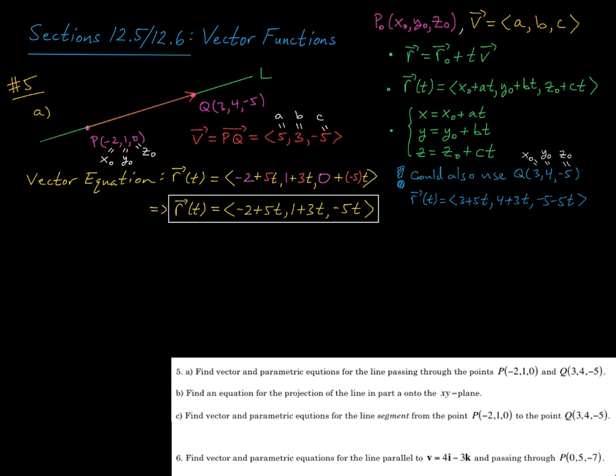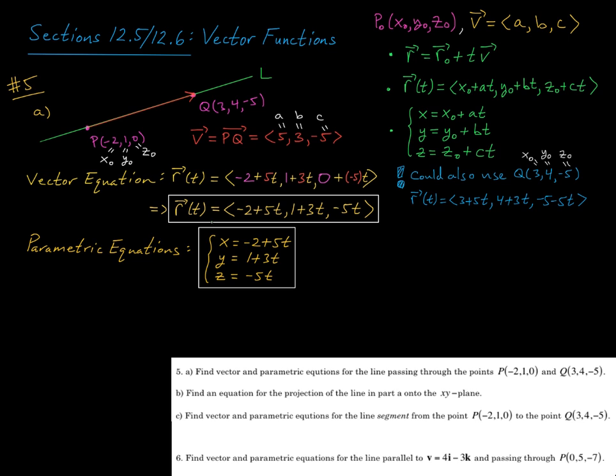If I plug -1 in for T, I'm going to get -2 for X, 1 for Y, and 0 for Z. So I'm going to be back here at P when T is -1. So that's the one thing you do want to be mindful of. Perfectly fine to do it this way, but this T and this T are in fact different. Okay, cool. So now, continuing with this solution, the corresponding parametric equations, you just read those directly off of the component functions. So there we are.